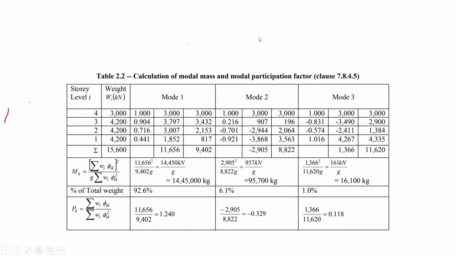Okay, we have seen this is story, this is weight, this is mode shape coefficient phi ik. Now what is this value? This value is simply the weight multiplied by the mode shape coefficient. That is 3000 multiplied by 1, that's why there is 3000.